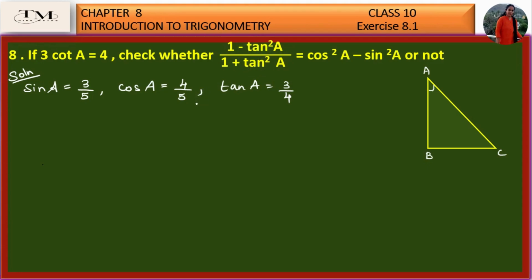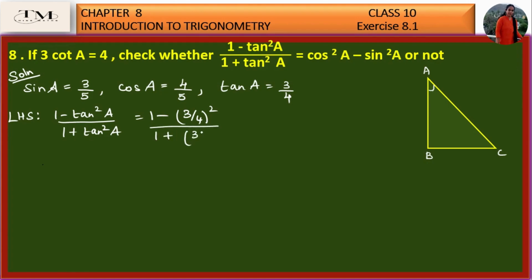Okay children, now we have to find the value of LHS. LHS is 1 minus tan square A divided by 1 plus tan square A. So 1 minus, what is tan A? It is 3 by 4 whole square, divided by 1 plus 3 by 4 whole square. So 1 minus 9 by 16, divided by 1 plus 9 by 16.